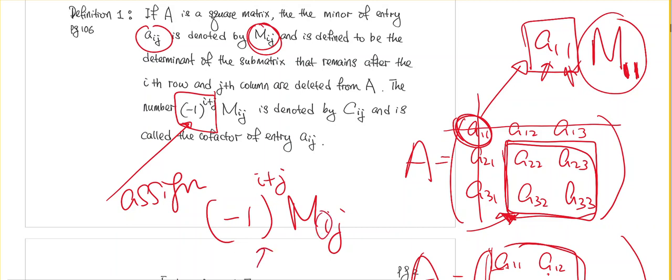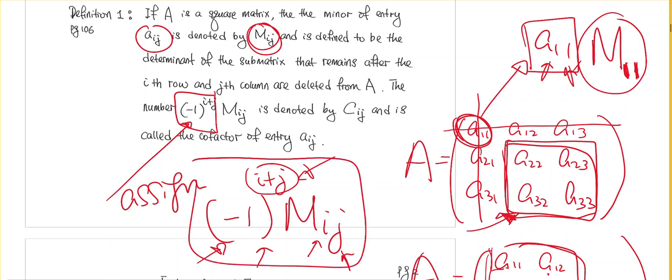If you are on the i row and j column, then you assign a negative or positive value depending on this formula. Then this whole thing here is known as the cofactor for this entry Aij. So the cofactor of the entry Aij is the minor of the entry Aij multiplied by either a positive or negative sign depending on its position.